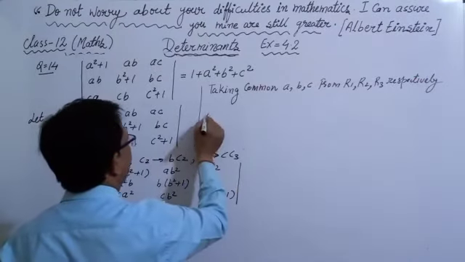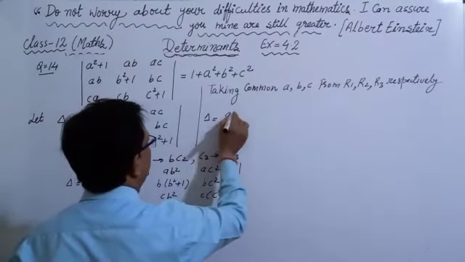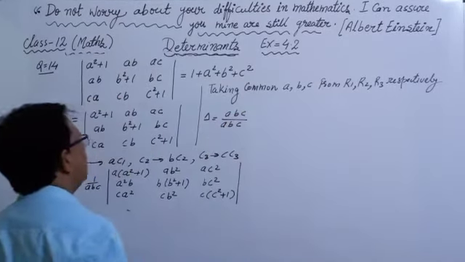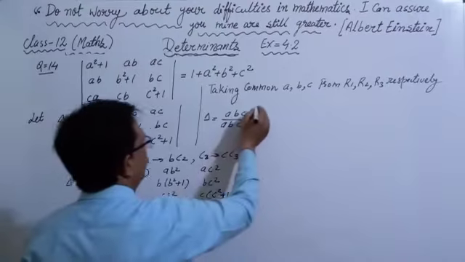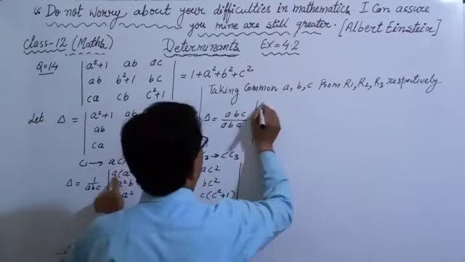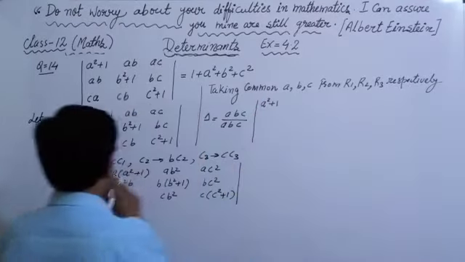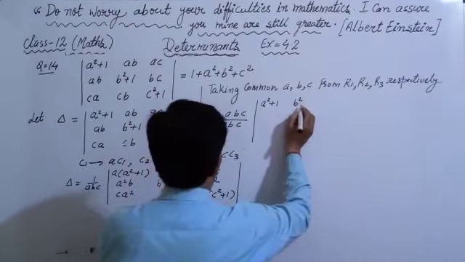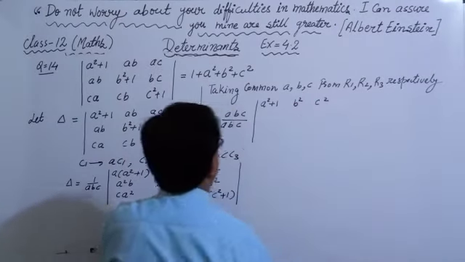So delta is equal to abc common. Here abc is already present in the denominator. So here, if we take a common from R1, we get a square plus 1. This a is common, here a is common, we get b square. Here a is common, we get c square.